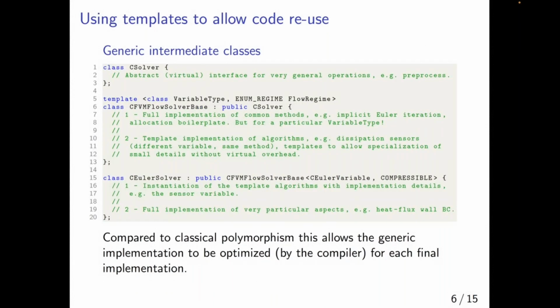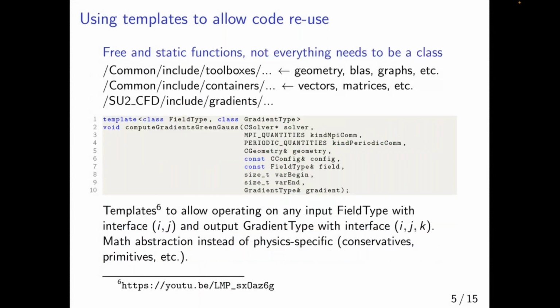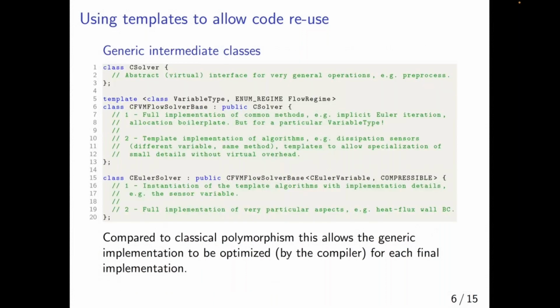Okay, then the next, on a similar topic of having generic functions for certain types of methods or numerics, we can also have generic classes. And so the example of the solver and what we try to do with a number of classes is that you have some base class, for example CSolver or CDriver, CIteration, CWhatever in SU2.